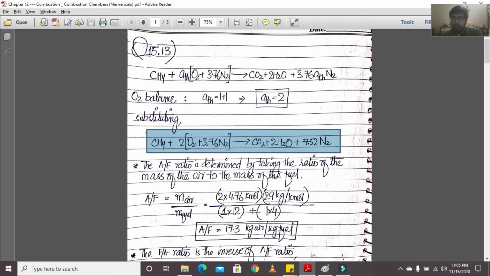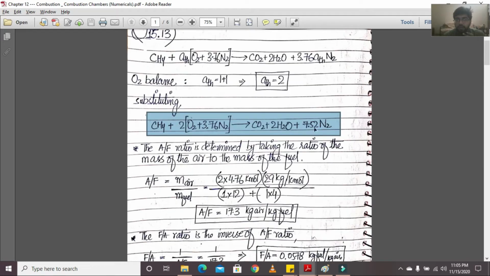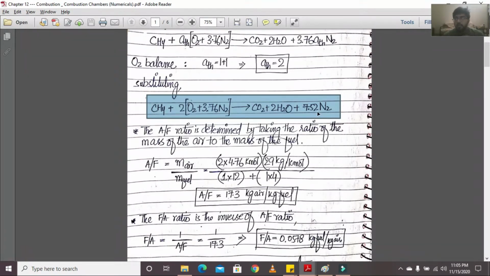So now if I multiply this 3.76 with ATH, which has the value of 2, I will get 7.52. So I have 7.52 moles of nitrogen. So now I have obtained the equation which is completely a balanced equation, and there are no unknown variables, there are no unknown moles in this equation.